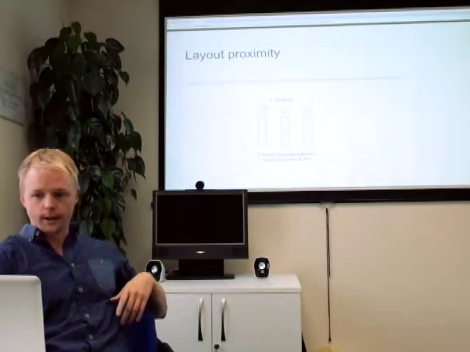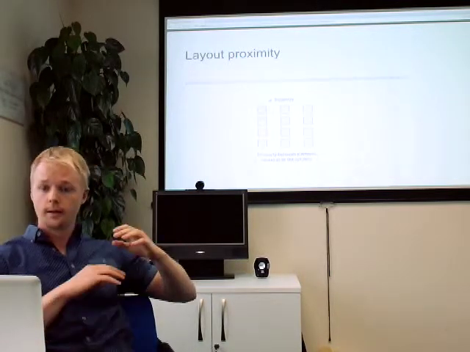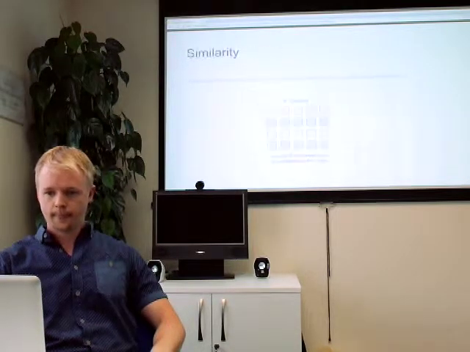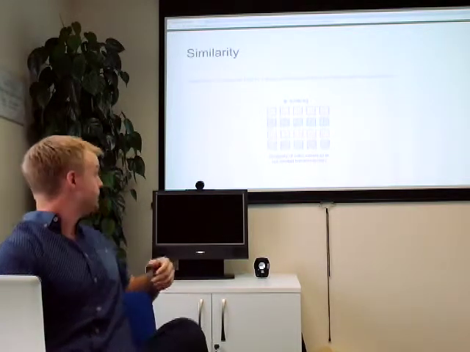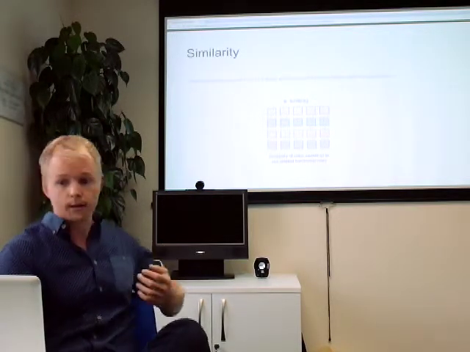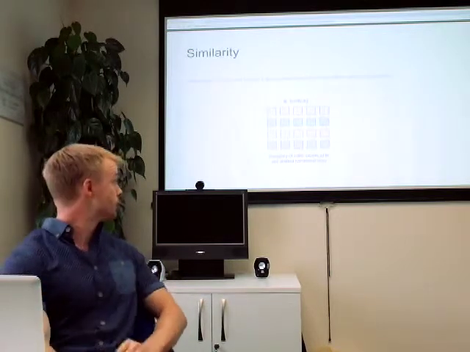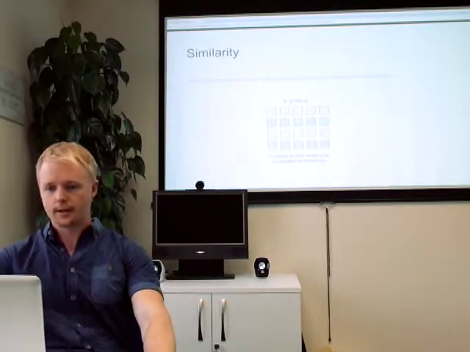So that you can see elements that are close to each other are perceived to be related to each other. And there's also similarities, so elements on the page that look like each other will be perceived to be grouped as well, which is displayed in that little image there.